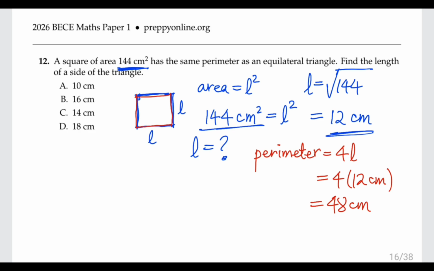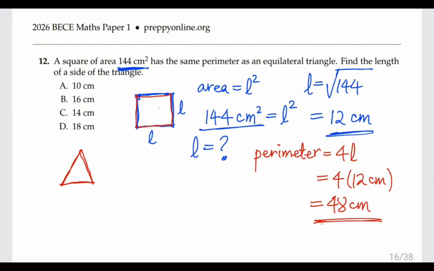Now, this square has a perimeter of 48 cm, which is the same as the perimeter of an equilateral triangle, and we are being asked to find the length of a side of the triangle. An equilateral triangle is a triangle which has all of its sides having the same length.